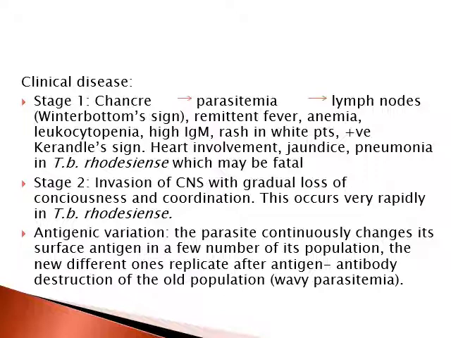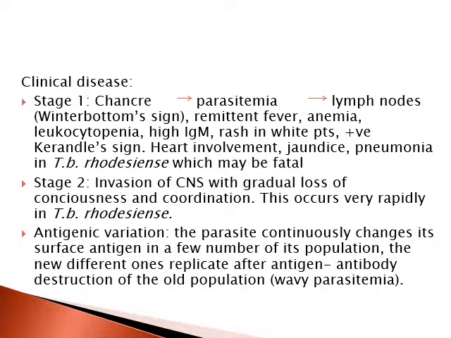The parasites pass to the cerebrospinal fluid, invade the ventricles of the brain, and invade the brain matter and replicate in the brain matter among the brain cells and tracts, so they cause damage and inflammatory reaction, resulting in gradual loss of consciousness and loss of coordination. This occurs very rapidly in Trypanosoma brucei rhodesiense and very slowly in Trypanosoma brucei gambiense.